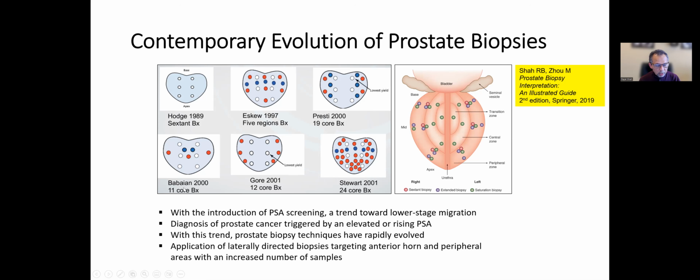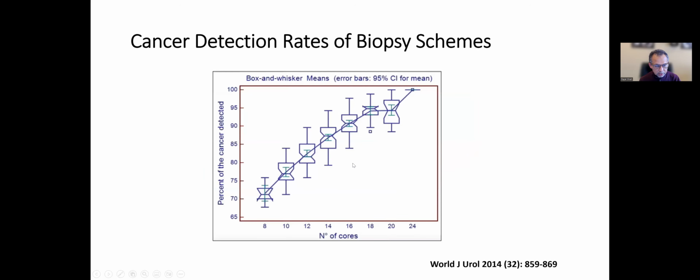So with these more laterally directed protocols, we clearly started seeing increased cancer detection, as shown here in this box and whisker plot: by increasing the biopsy samples in your technique, you are going to proportionately see an increase in cancer detection.